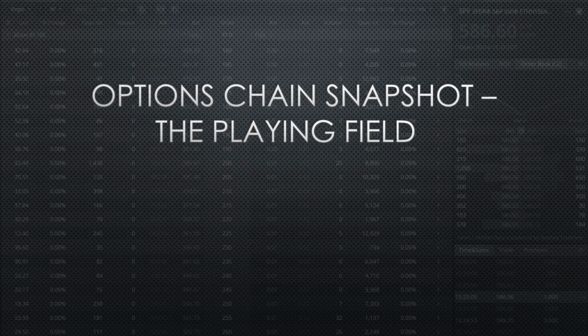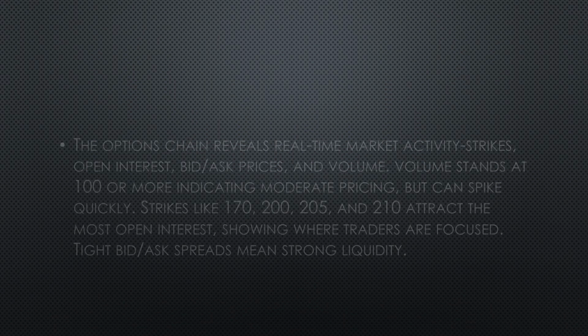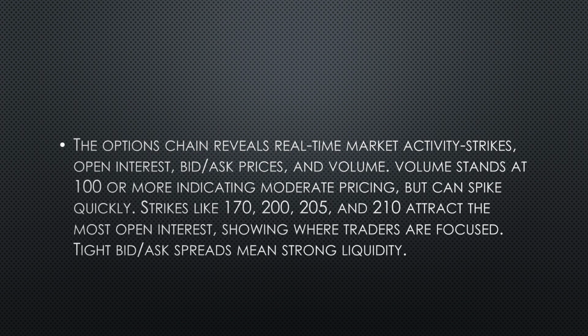Option chain snapshot, playing the field. The options chain reveals real-time market activity: strikes, open interest, bid-ask spreads, and volume. Volume stands at 100 or more, indicating moderate pricing, but can spike quickly.